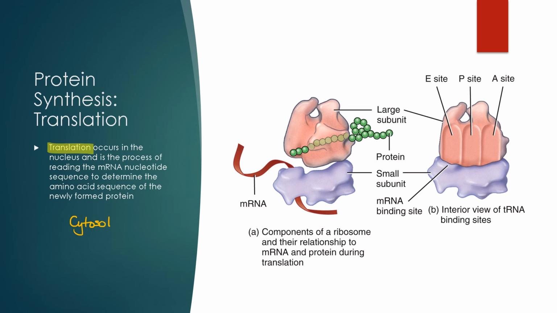We've sent it out of the nucleus into the cytosol, and this is where we get to translation, the actual protein synthesis part of this entire process. This is where the mRNA comes to ribosomes, and the ribosome will read it, and it will tell the ribosome which protein to make.